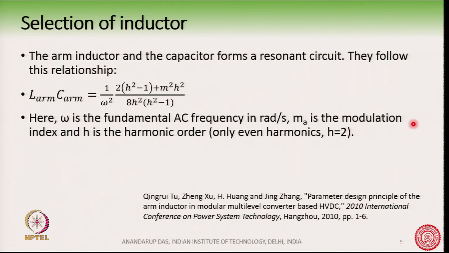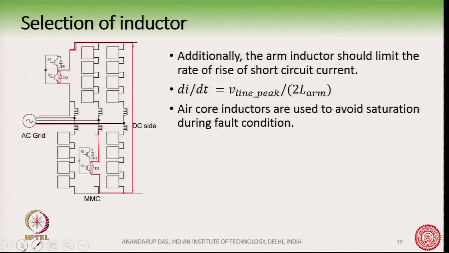So, with this expression and with the value of C arm known, we can design the L arm or the arm inductance. Additionally, we should also remember that once we have selected this value of L arm, we should see how it is limiting the rate of rise of the short circuit current.